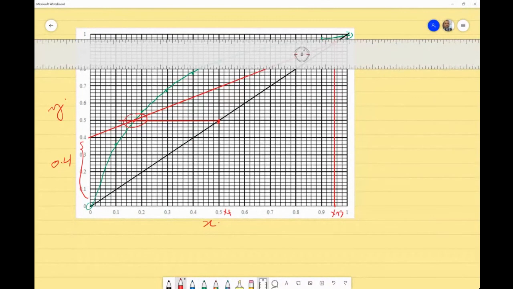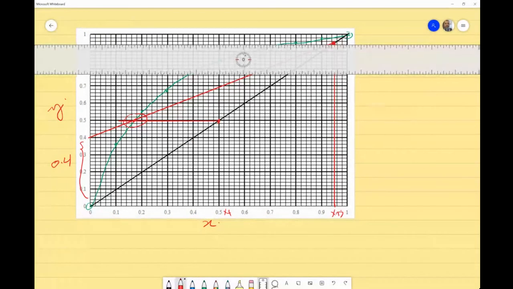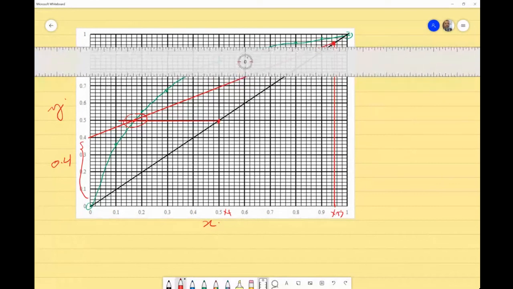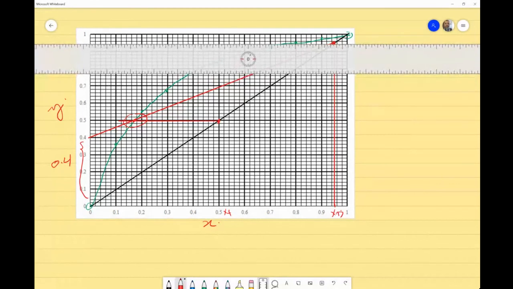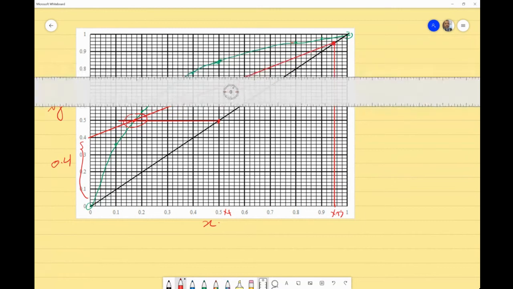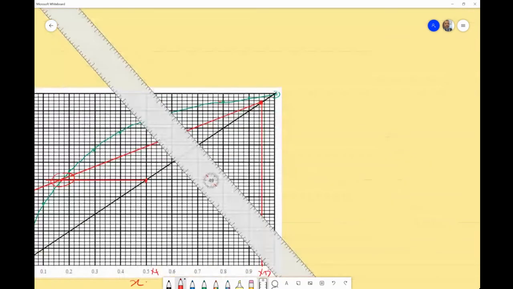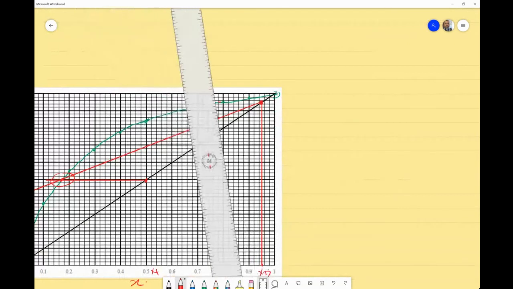So let me do it. So this is not right. This is going to be somewhere here. Somewhere here you can draw it. You can say this is my point, and then you can say, okay, at this point, this is how you're gonna do it for each point now.